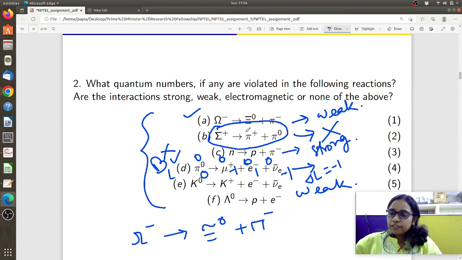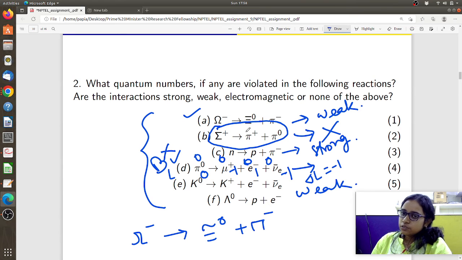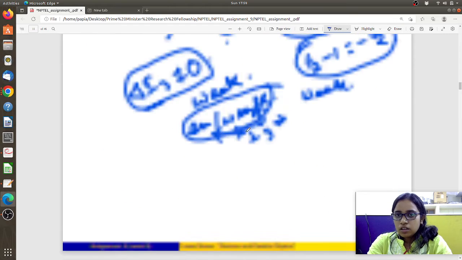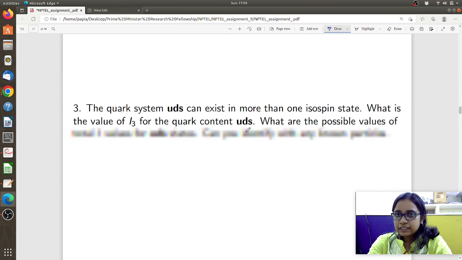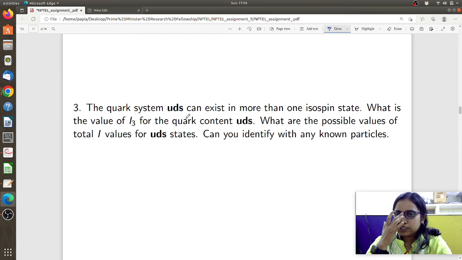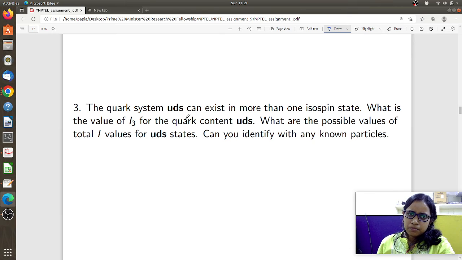And whenever they are allowed, we already mentioned the nature of that nuclear reaction, whether it is strong, weak, or electromagnetic. Okay, so I think this question is done. So we will come to the third question. I think time is 6. Let's say only up to the third question.